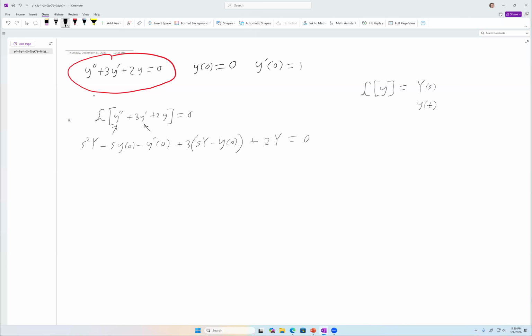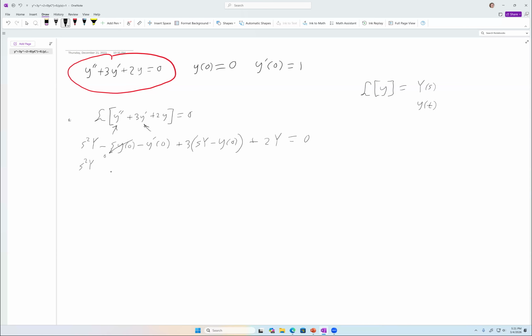So at this point, we want to perform some simplification. We have our initial conditions, and we can plug them in, and that should simplify this a little bit. This s squared Y will be the same. Let's look at this next one. This y at 0 is just 0, so I can just cross that out.